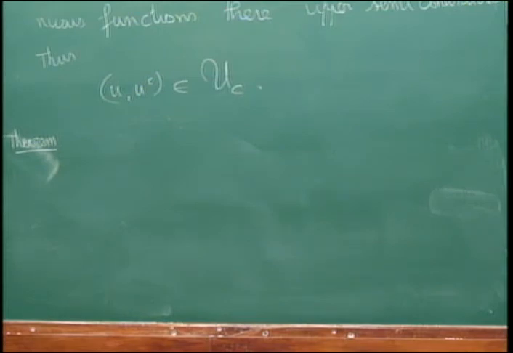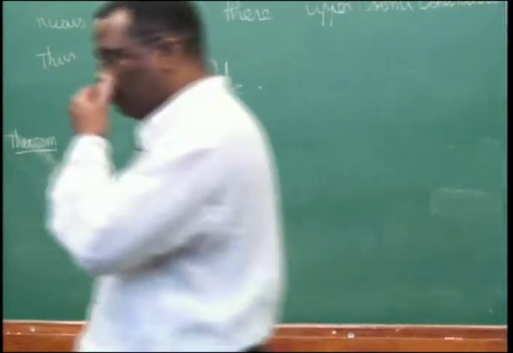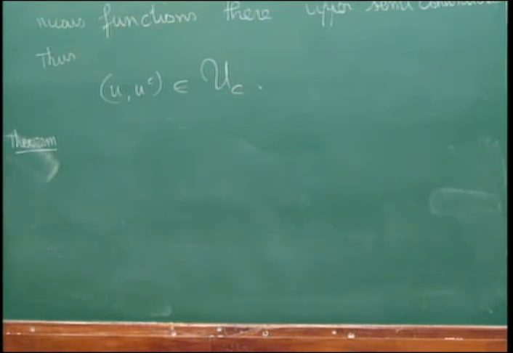So recall that at the beginning of the lecture, I started with mu naught, mu1 arbitrary probability measures. Okay.